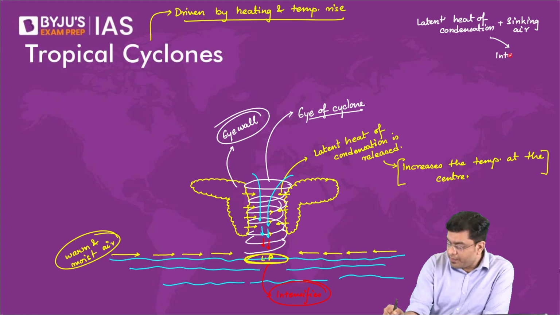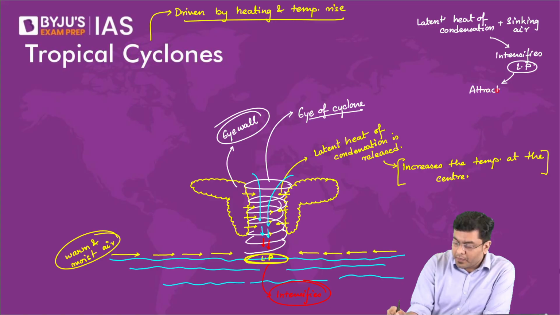Intensifies low pressure. That means what? Attracts more winds. Moist winds means what?